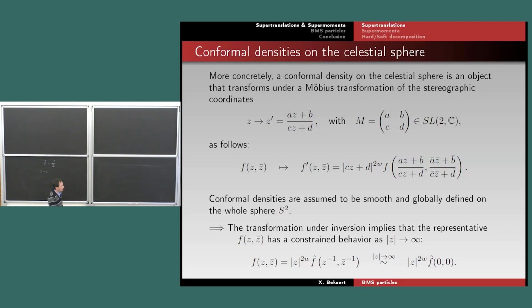In particular, when W is negative, which will be the case for supermomenta, this means that things must fall off sufficiently fast at infinity.